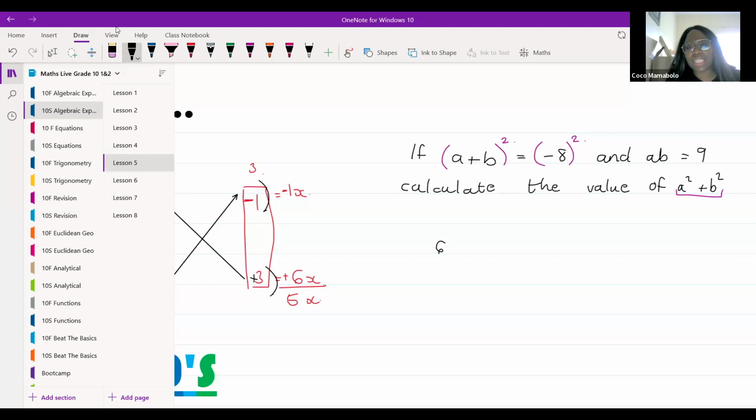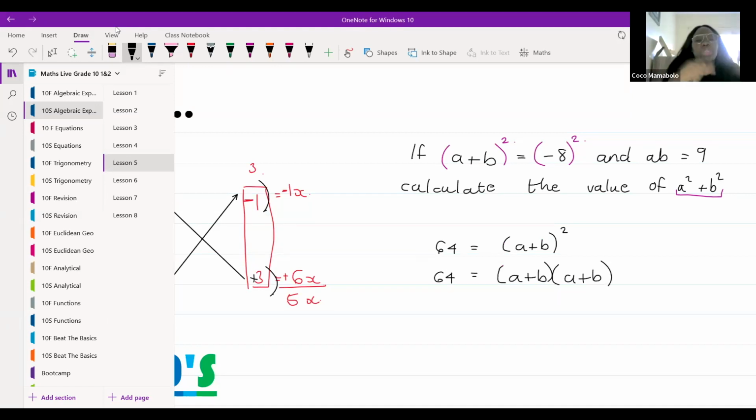So I'm going to have 64 is equal to a plus b all squared. Give me a yes or no in the chat. Do you all agree that I can rewrite this as 2 brackets? Yes? So I can go 64, which is -8 squared. I can rewrite that as a plus b multiplied by a plus b.